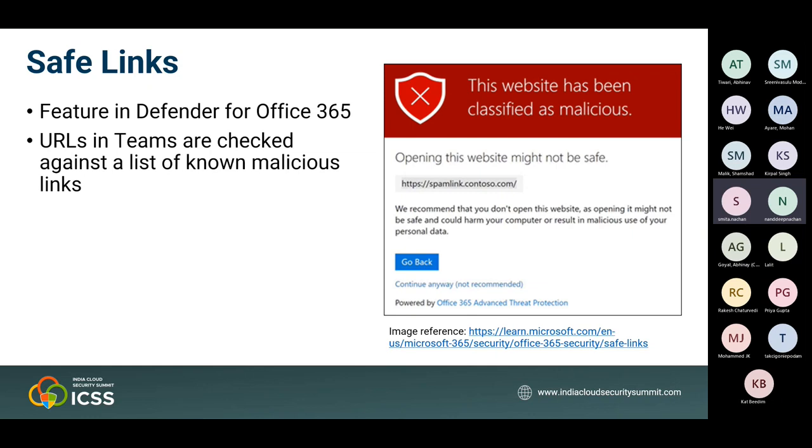We recommend that you don't select that setting, so users can't click through to the original URL. And when you turn Safe Links protection for Teams on or off, it might take up to 24 hours for the change to take effect.